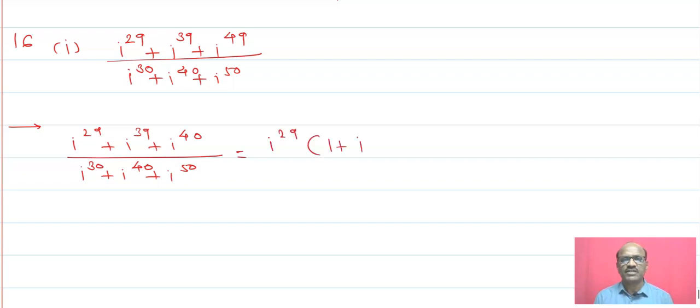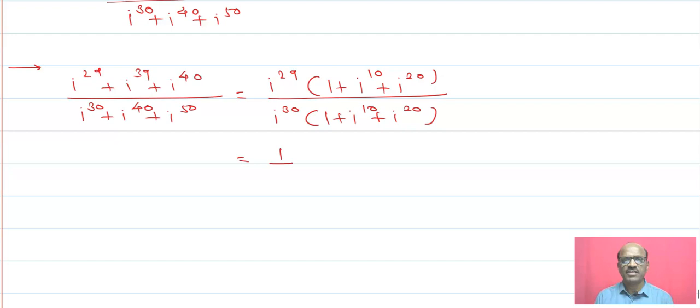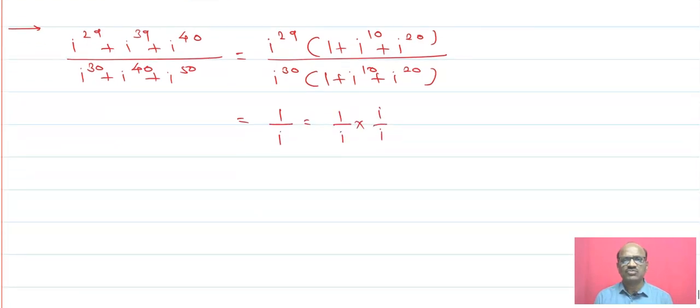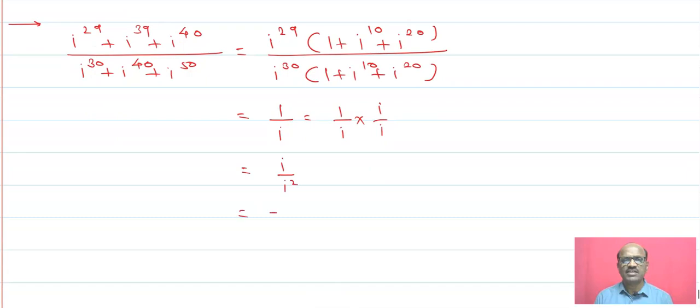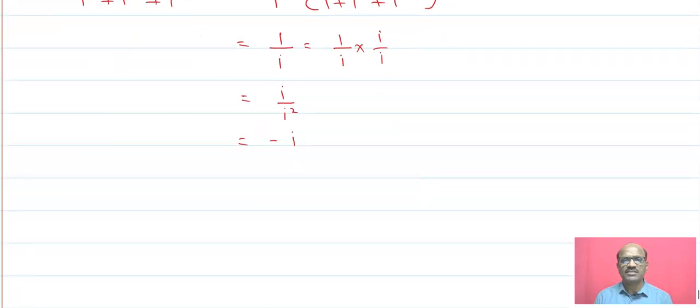Take i raised to 29 common, then you will get 1 plus i raised to 10 plus i raised to 20, and in the denominator take i raised to 30 common, then you will get 1 plus i raised to 10 plus i raised to 20. These two terms will get cancelled, then you will get 1 upon i, and multiply numerator and denominator by i. That is, you will get i upon i square, which is minus i.